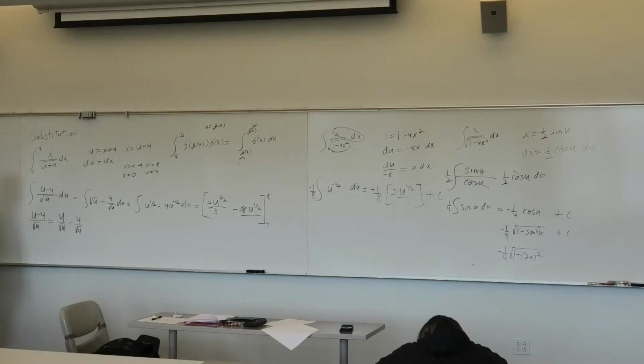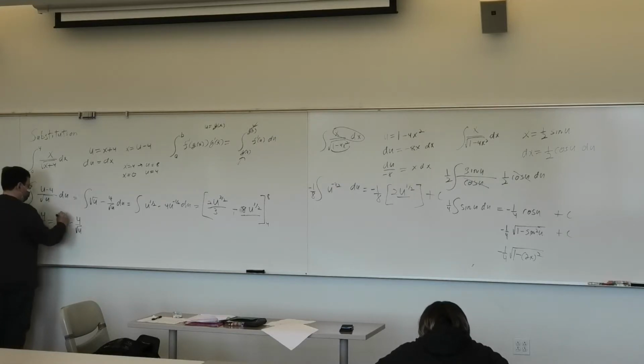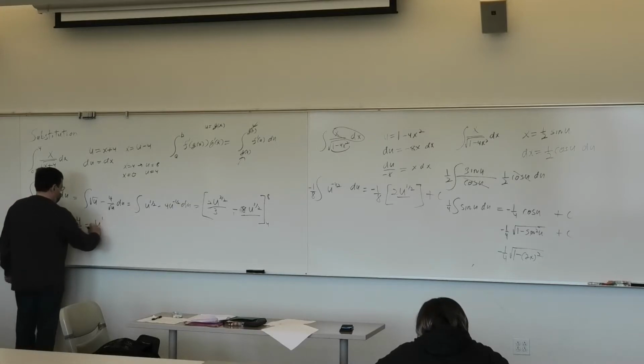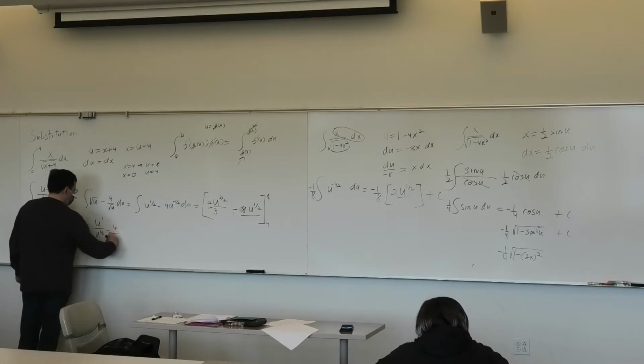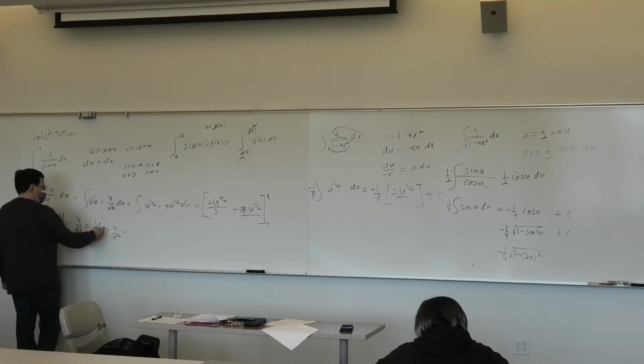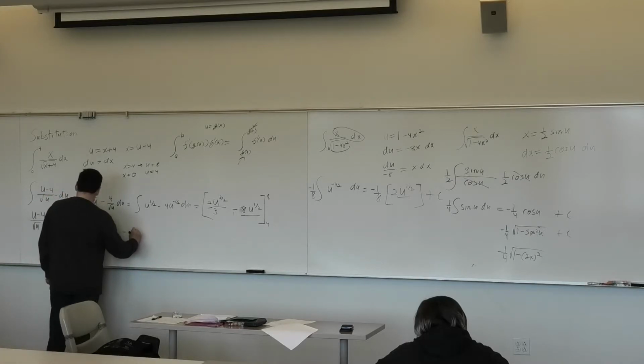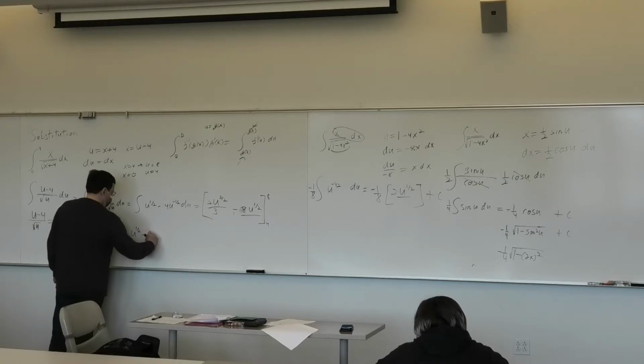Okay, got it. This is u to the 1 and this is u to the 1/2. And 1 minus a half is a half. Minus 4 times u to negative 1/2.